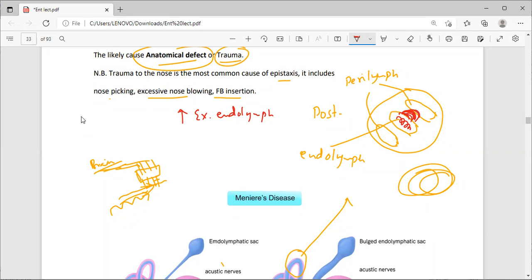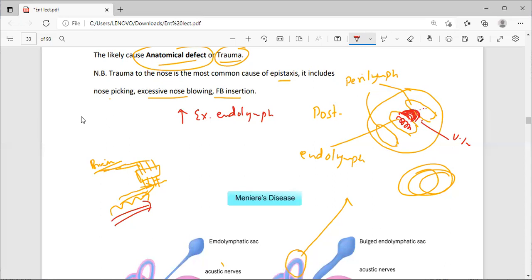You can see here, this part is called the vestibular membrane. So it is stretching the vestibular membrane into the perilymph, and consequently it ruptures this vestibular membrane. When it ruptures, they both are connected together. But because the endolymph is being excessively produced, because of the high pressure the body may perceive it as the head is moving.